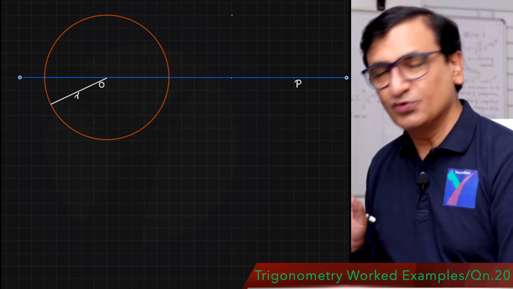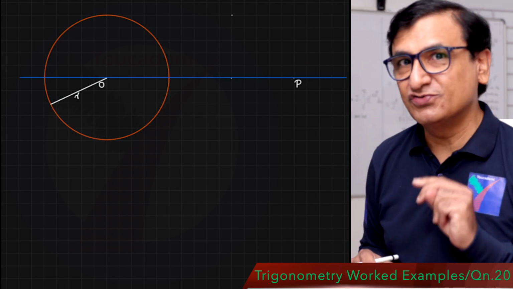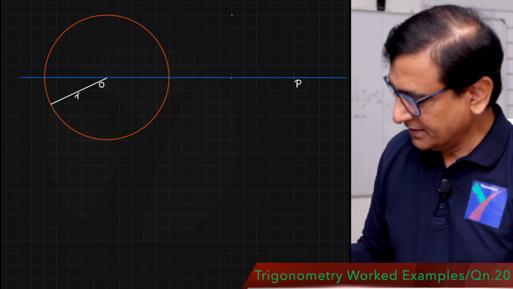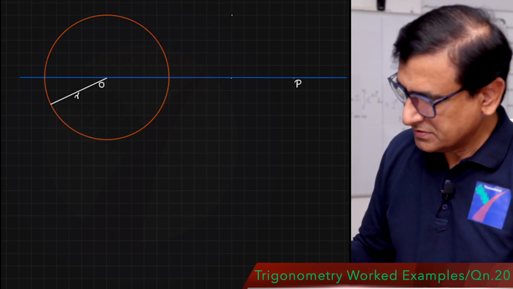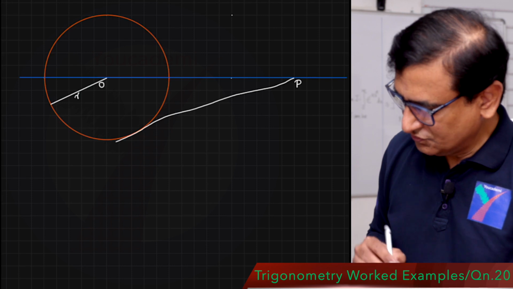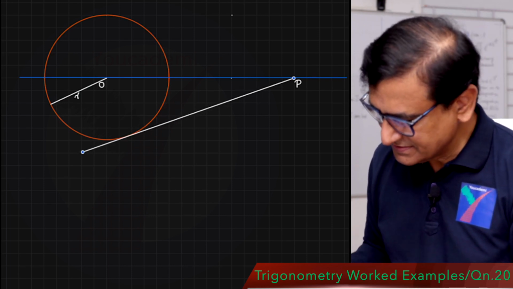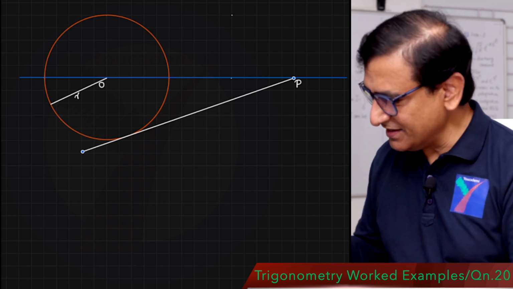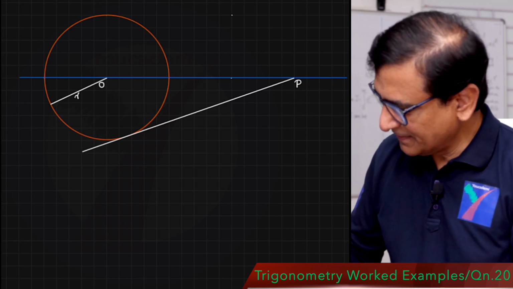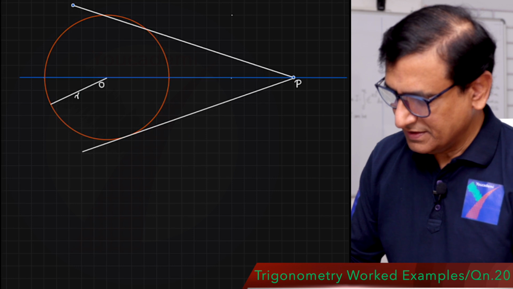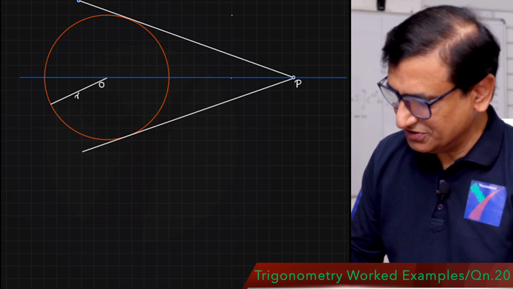Next, I'm going to draw two tangents from point P to the circle O. So this is our first tangent. Let me adjust it properly. Okay, then this is our second tangent. Let me make it exactly tangential.